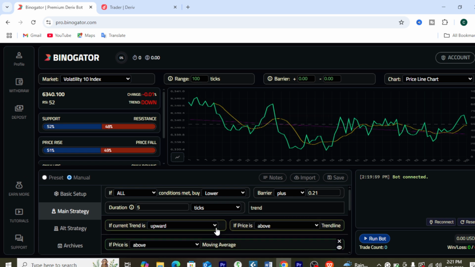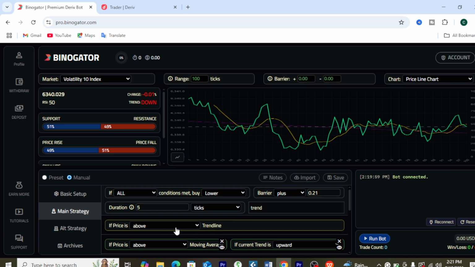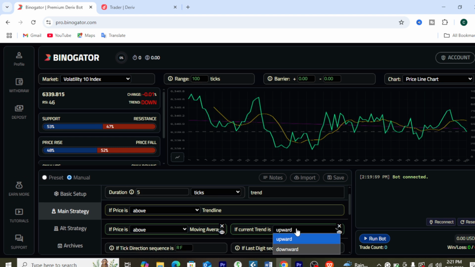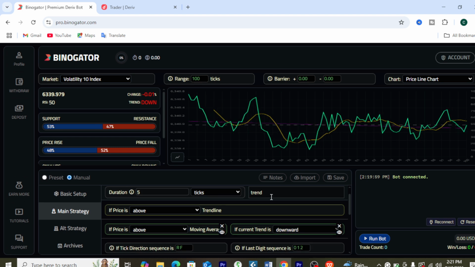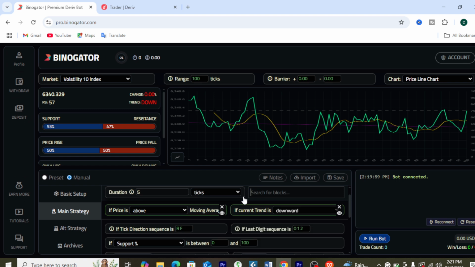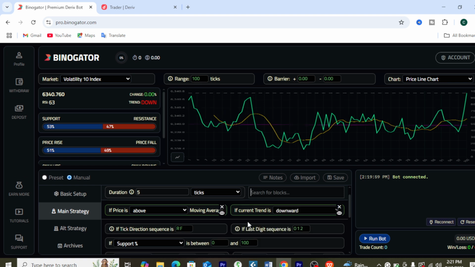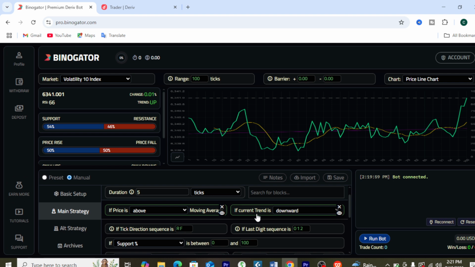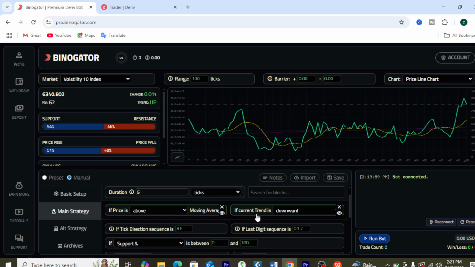I want the bot to buy as well when the trend is downwards. I'm going to set this to downward and take this out. So these are the two conditions I'm giving the bot: if the price is above the moving average and if the trend is downward, the bot should buy.